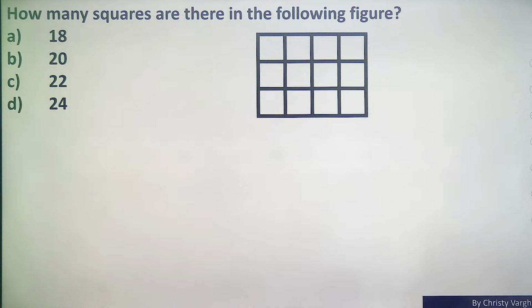For any m and n, this will work. Very good. Some of you already got it.